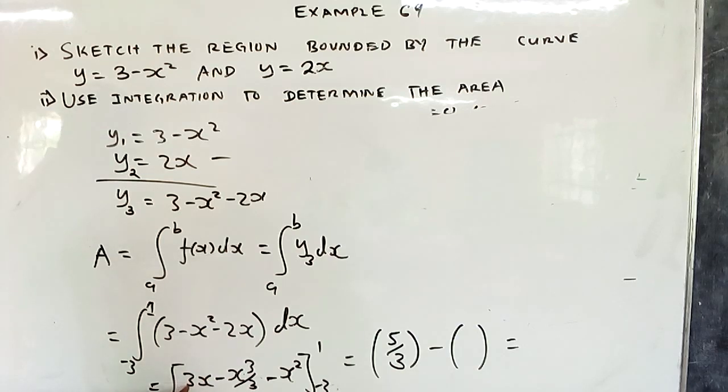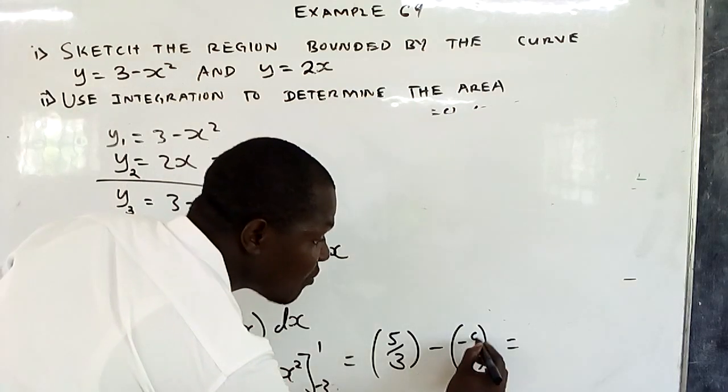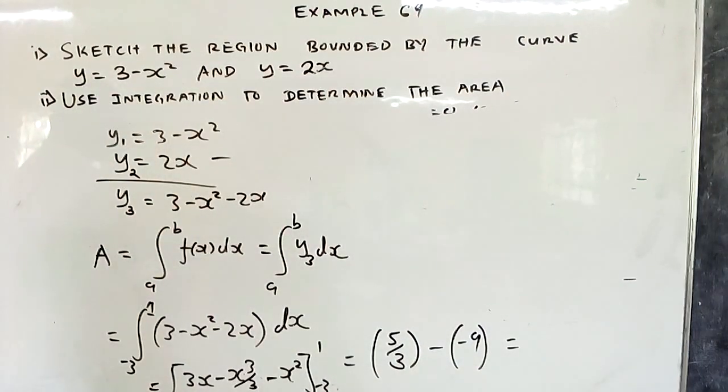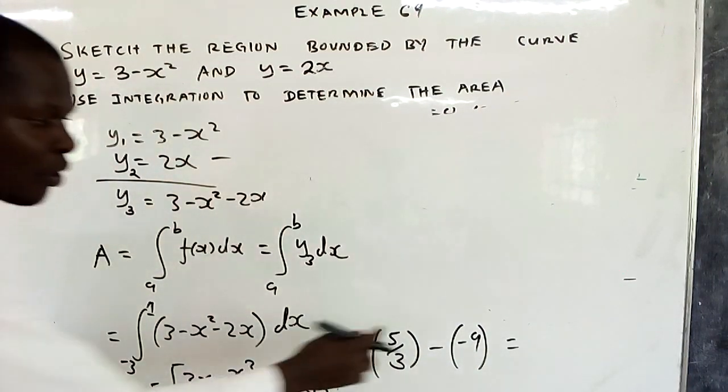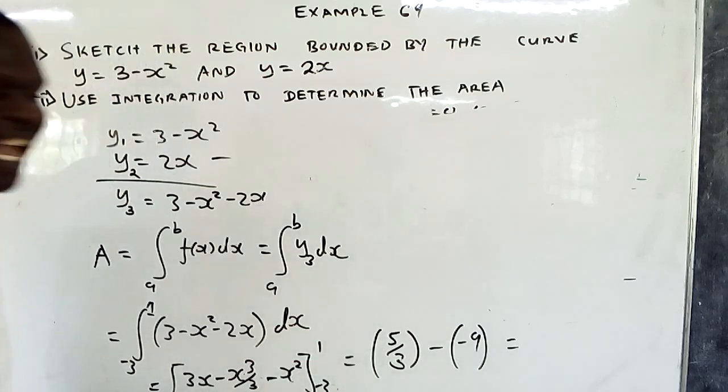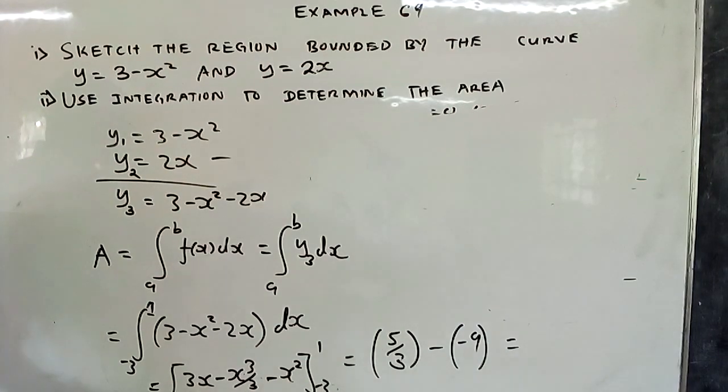Oh, this is -9, isn't it? Minus 9, that is -18, plus 9. You get -9. What have you found with the calculator? Good, it is -9. So 5 over 3 minus -9, you get 5 over 3 plus 9, isn't it?